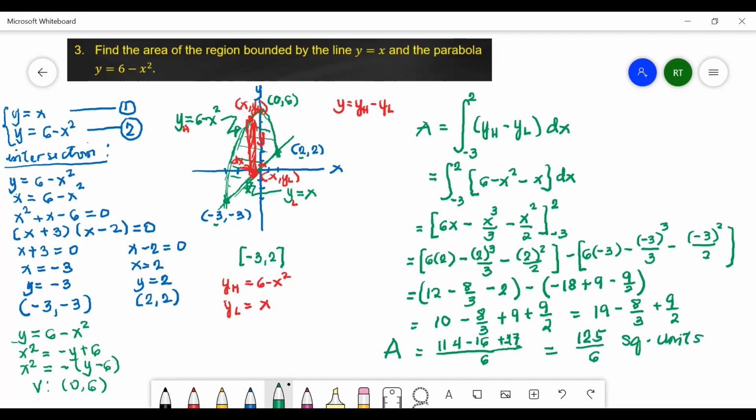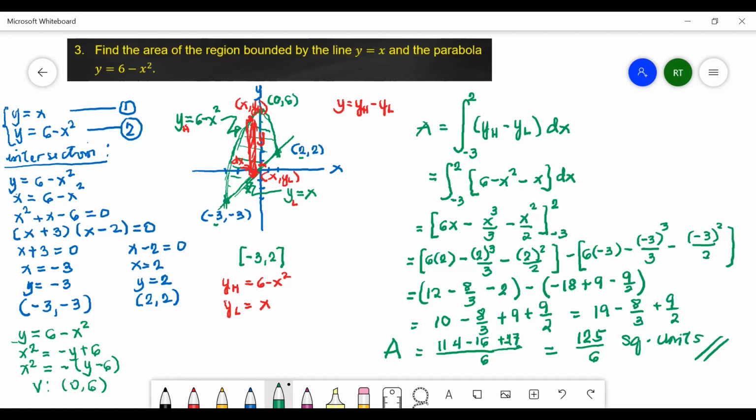So we were able to find the area of the region bounded above by the parabola y is equal to 6 minus x squared and below by the line y is equal to x. Remember that if the region is bounded by two curves above and below, we use the vertical element. It will be more convenient.